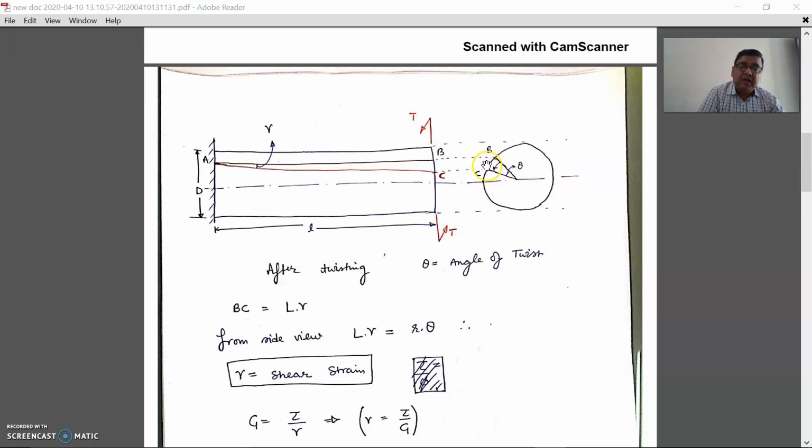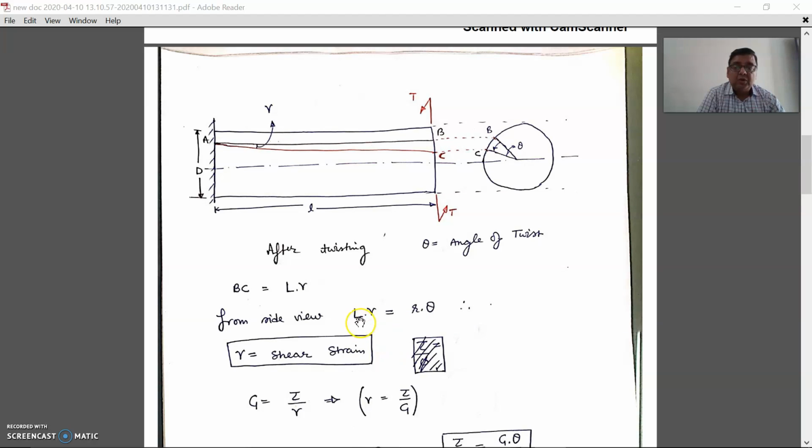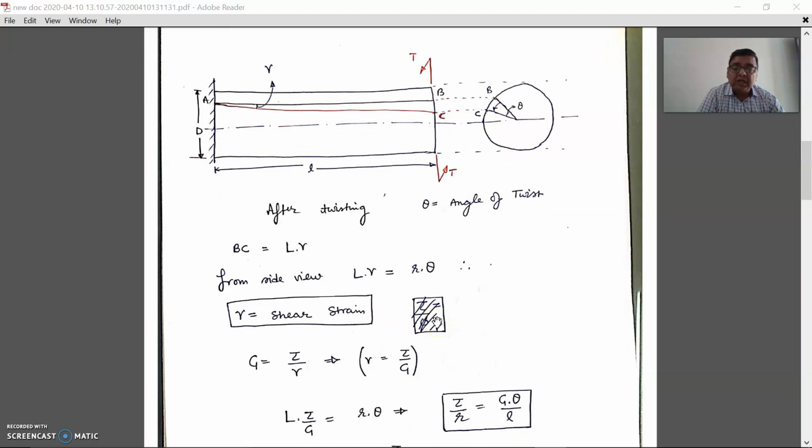So BC can be marked as BC is equal to R into theta, because arc is equal to angle multiplied by radius, where radius is R and angle is theta. So from the side view we can always write R into theta and L into gamma. So L into gamma is equal to R into theta.